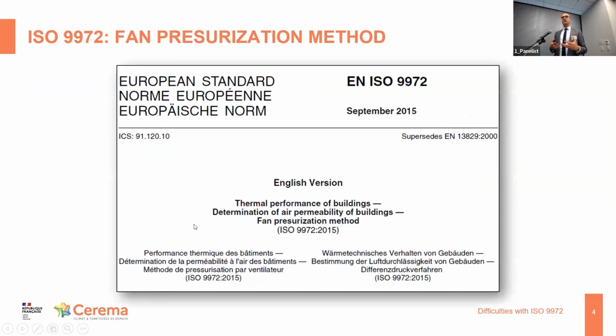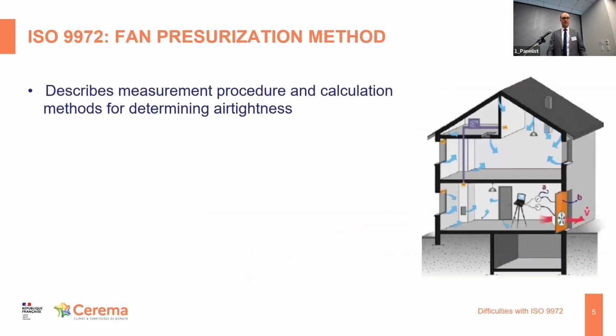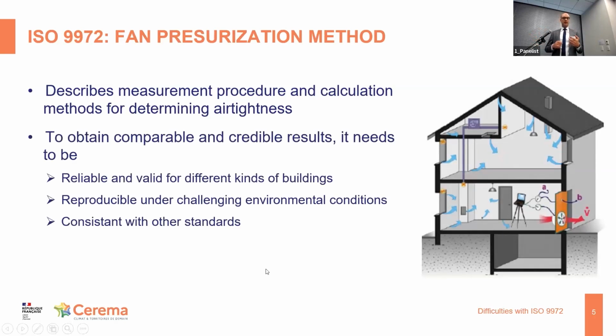This measurement is done mostly by the ISO 9972 standard, which is shown here. This standard has been referred to in the previous presentations a lot, and it describes the measurement procedure and calculation methods to determine the airtightness in buildings. To be able to compare and to make these results credible, which is important for the energy regulations in Europe, the results need to be reliable and valid.